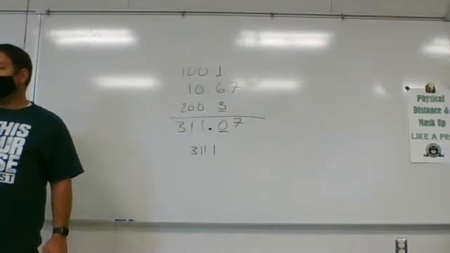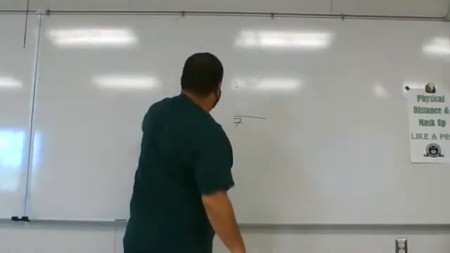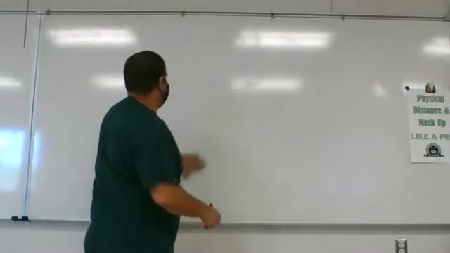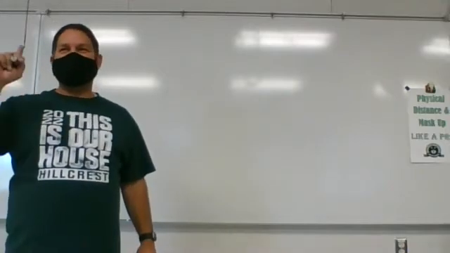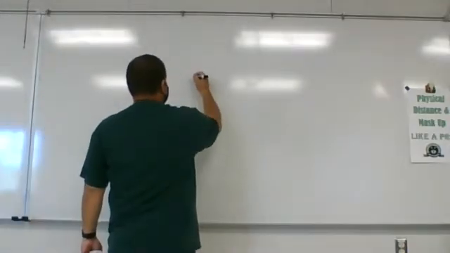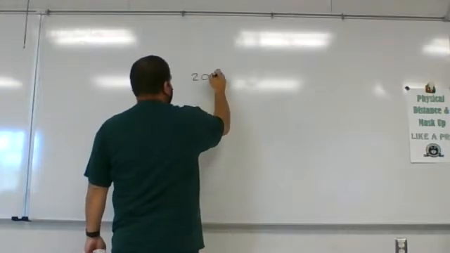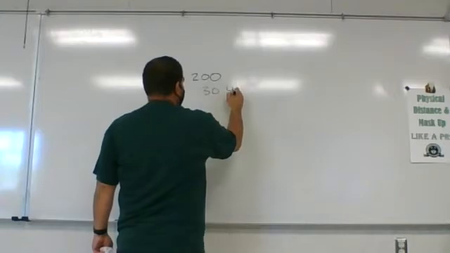Everyone clear on that? Okay, let's do one more. Let's do something like this. This sometimes will give students a pause to think about here. So let's say I'm doing, let's go with 200. Let's go with 30.4.